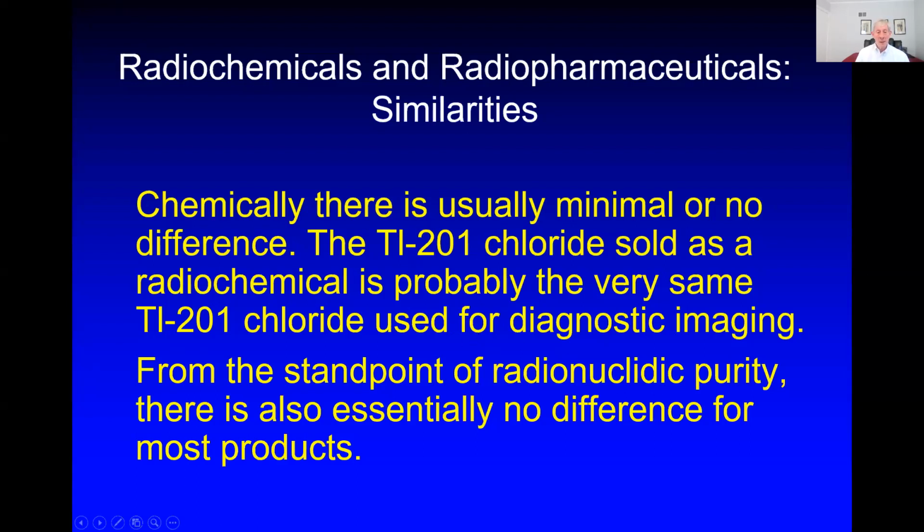So what are the differences between a radiopharmaceutical and a radiochemical? Now, let me ask you one question before you answer that. You know that we're permitted to inject radiopharmaceuticals. Are we permitted to inject radiochemicals? Yes or no?